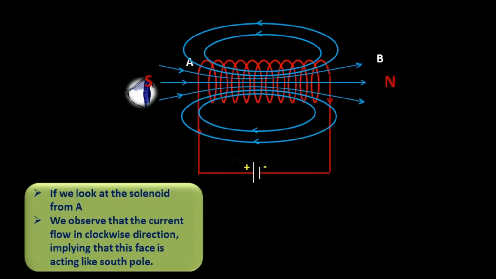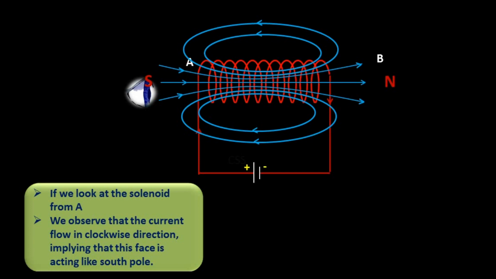Now, if we look at the solenoid from A, we observe that the current flows in clockwise direction, implying that this face is acting like a south pole.